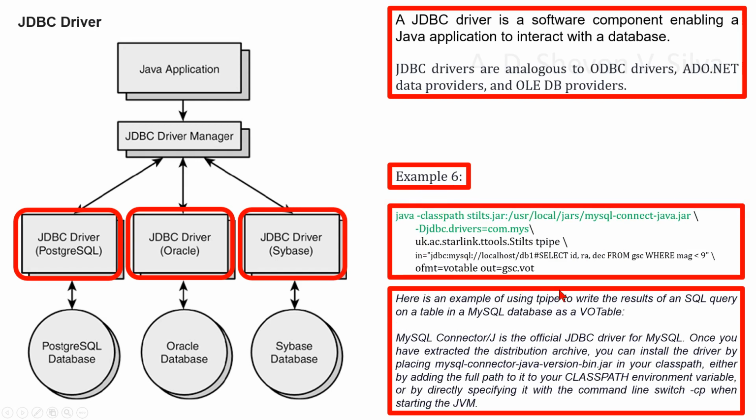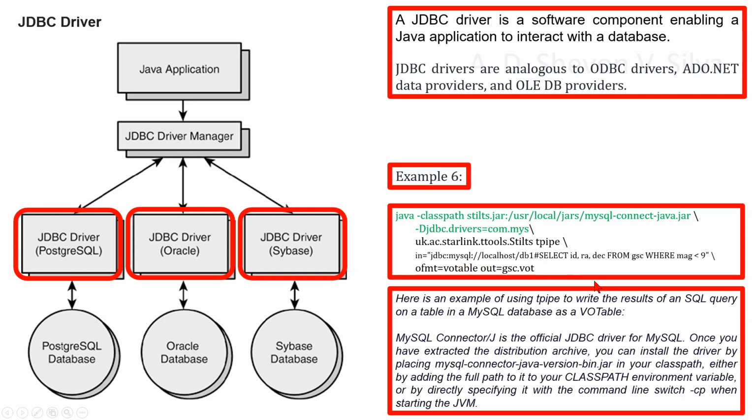As example 6, we can consider this one. Here is an example of using tpipe to write the results of an SQL query on a table in a MySQL database. The MySQL Connector/J is the official JDBC driver for MySQL.